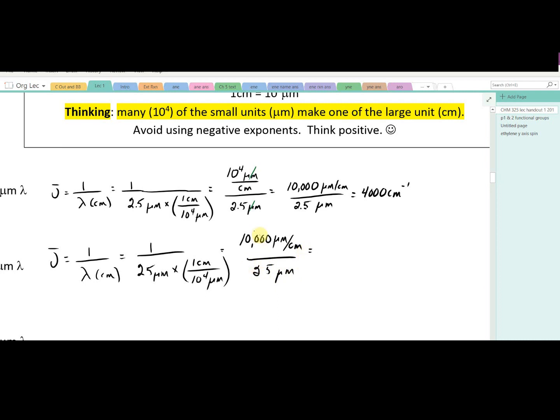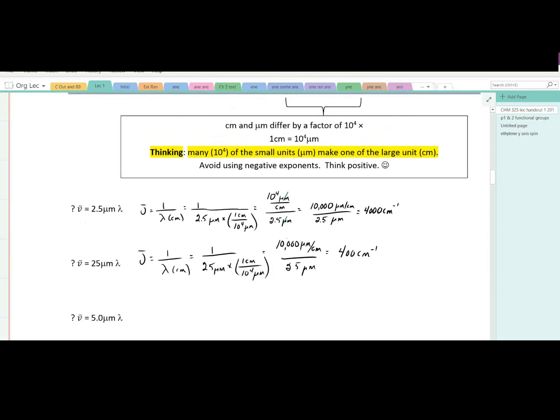So 25 goes into 100 4 times, 1,000 40 times, and 10,000 400 times. That's 400 centimeters to the minus 1, which corresponds to a wavelength of 25 microns.